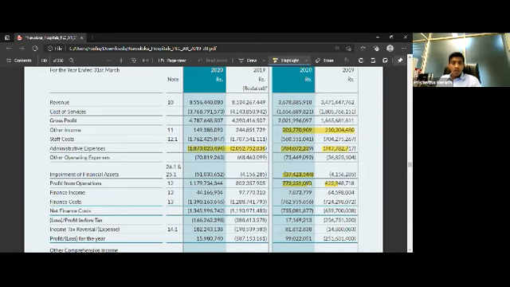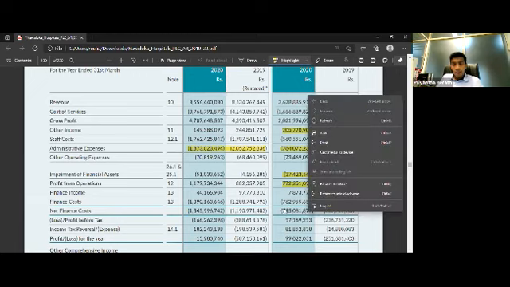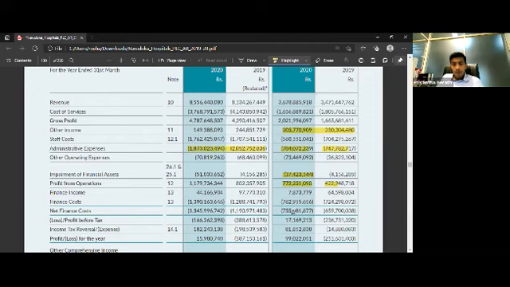Also, the next item is a finance income of 7.8 million, and the finance cost, there's an increase to 762 million. So what is this net finance cost? This item, this one, 755 million. So their finance income is 7.8 million and finance cost is 762 million.